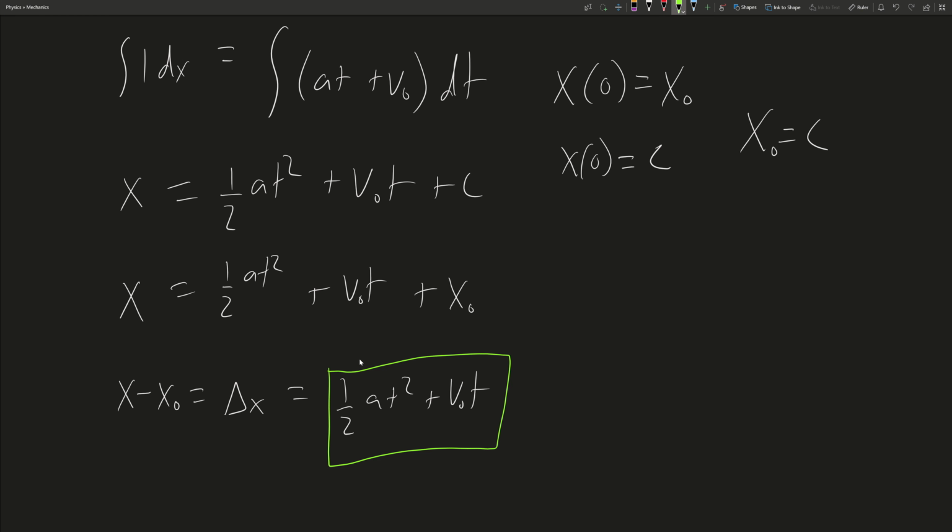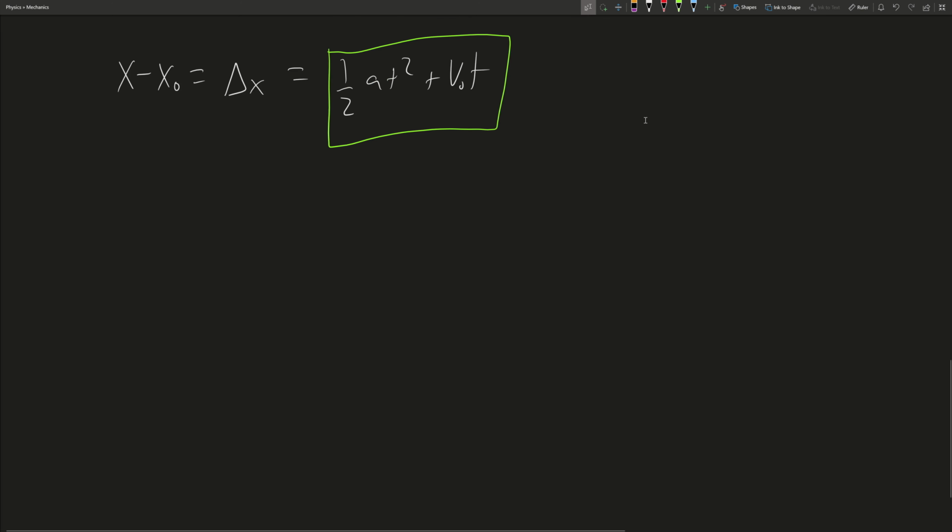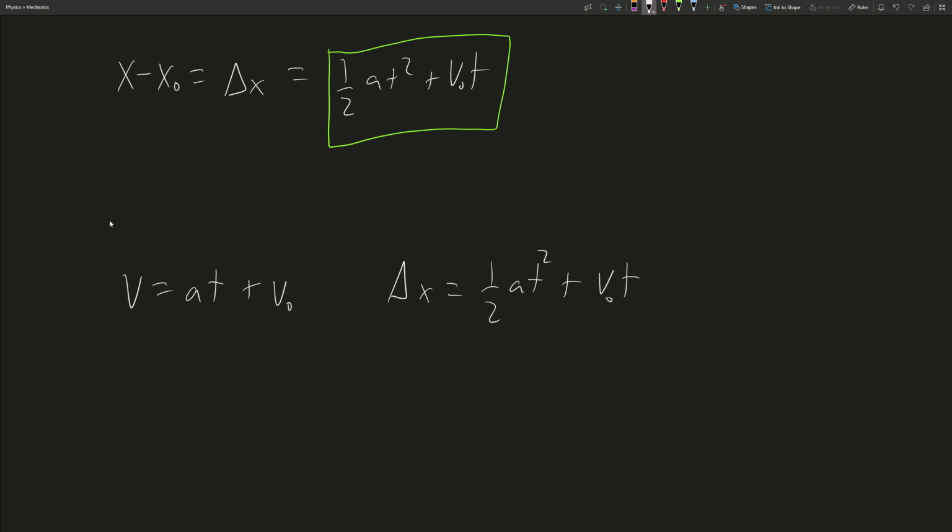Using calculus and integration, we have derived that the velocity is equal to acceleration times time plus initial velocity, and the displacement is equal to 1/2 of acceleration times time squared plus the initial velocity times time. And using these two equations, we can derive all the other kinematic equations just using simple algebra.